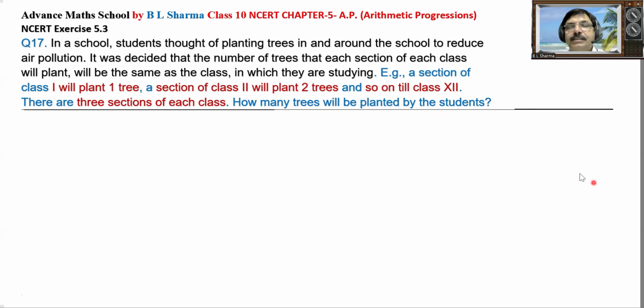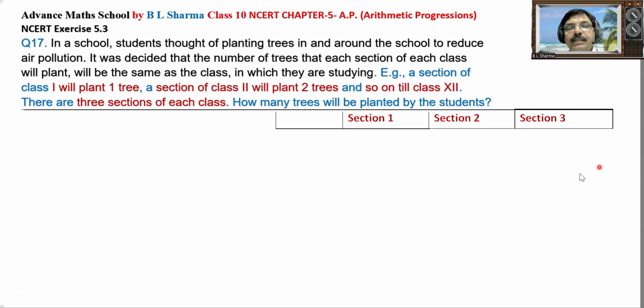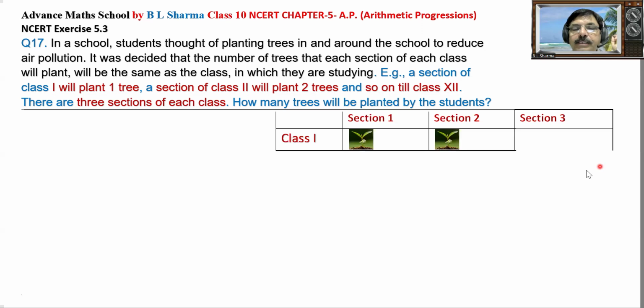The question is this. इस क्वेश्चन को विजुलाइज करते हैं. देखिए, there are 3 sections of each class. Let class 1, each section will plant one tree. एक section एक plant लगाएगा. देखिए, so section 1 will plant one tree, section 2 भी one plant, और section 3 भी एक plant लगाएगा. क्लास 1 है, तो हर एक सेक्शन में each section one tree will be planted.